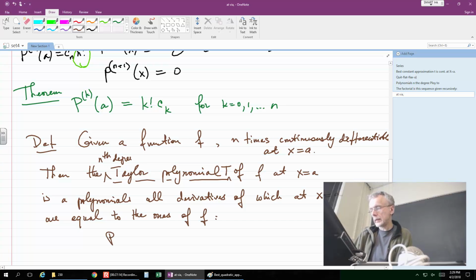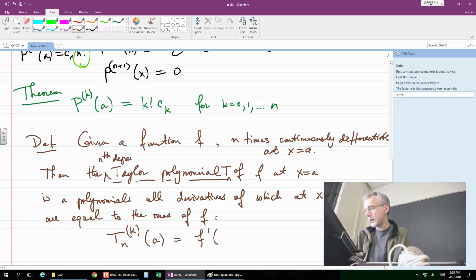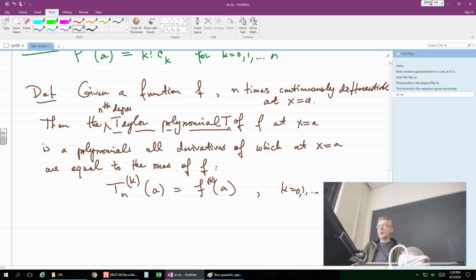So T sub n, kth derivative at a is equal to f, kth derivative at a, for k from 0 to n. Okay, so that is the definition: a polynomial that shares the derivatives up to n with the original function, the one that we want to approximate.